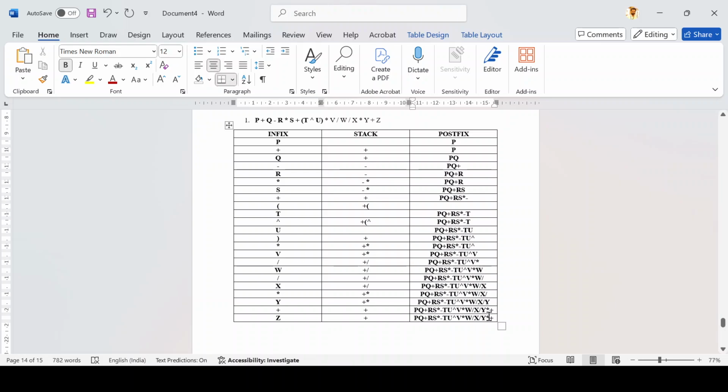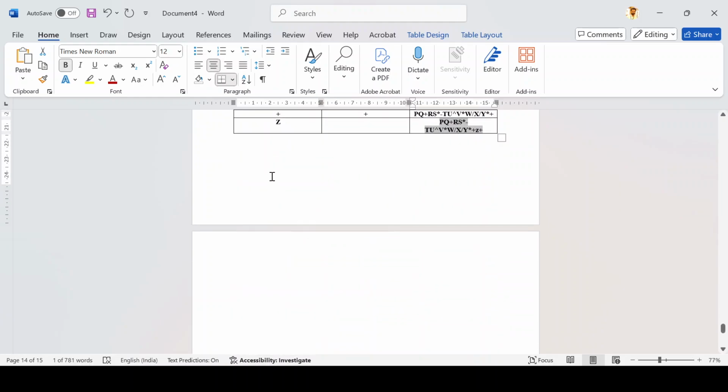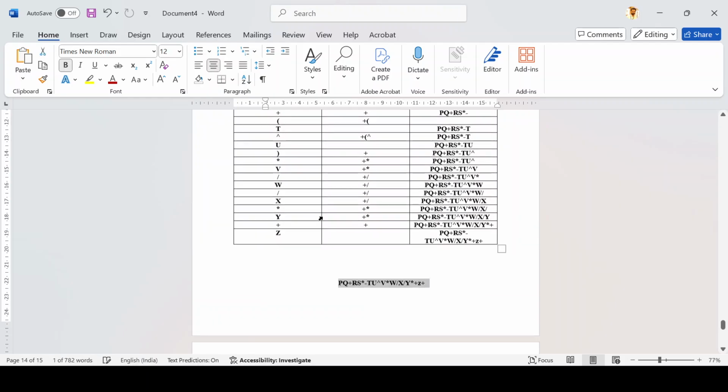So we have Z and then plus. Nothing is left in the stack. This is the final expression of the conversion from infix to postfix.